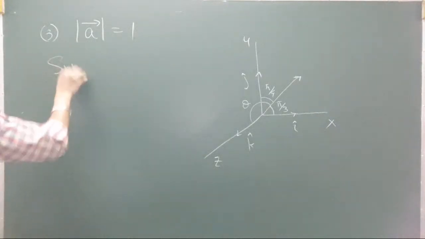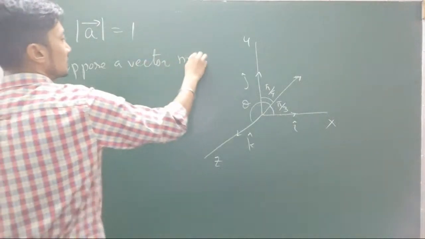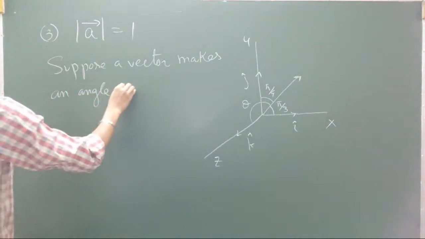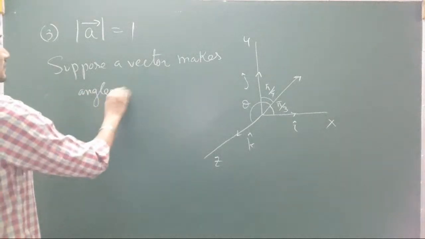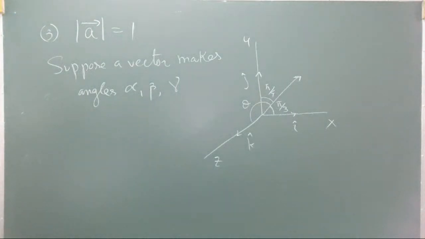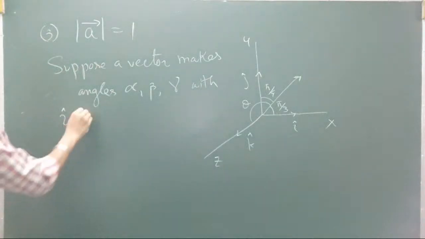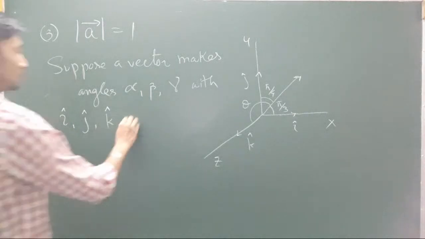Suppose a vector makes angles, let's say alpha, beta, gamma, with the unit vectors I cap, j cap, k cap respectively.